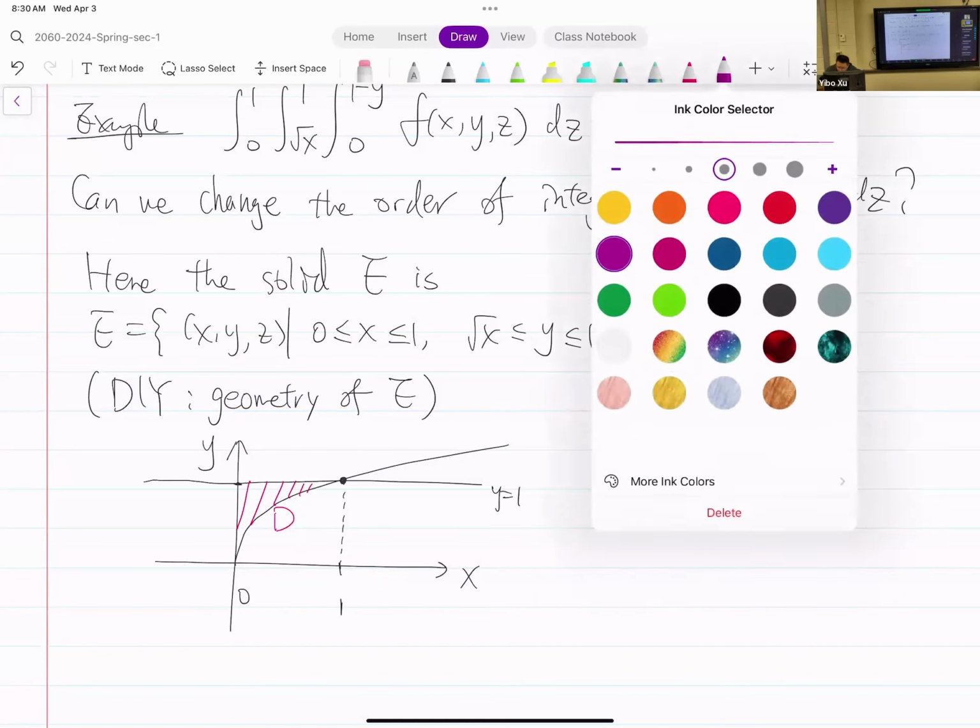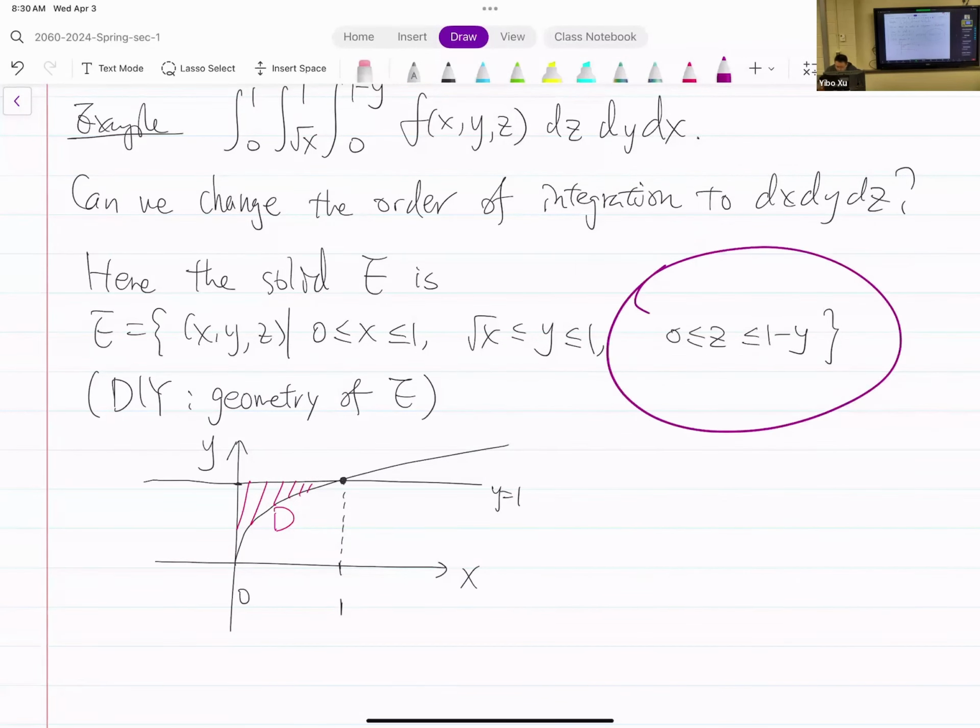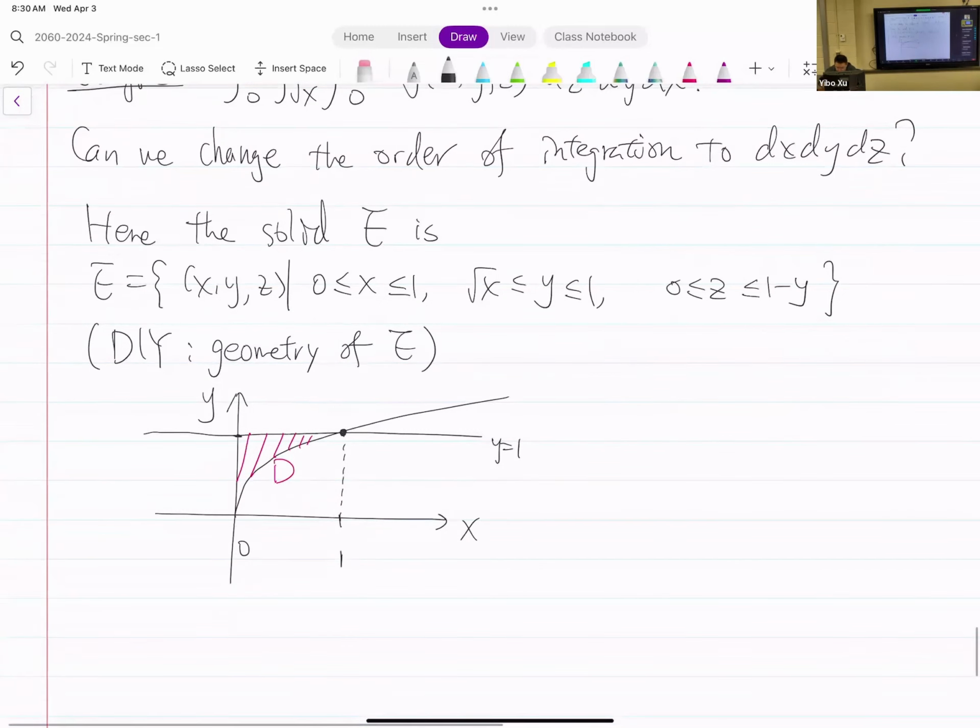And finally, what do we know? We know from here that z equals 0, and the upper bound is z equals 1 minus y. So these are planes. Okay, so if we establish those, let me quickly sketch the yz plane.